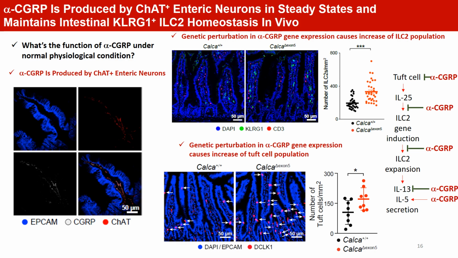Surprisingly, we also looked at DCLK1, which stands for tuft cells. Tuft cells are chemosensory cells, which produce IL-25 to initiate type 2 responses.